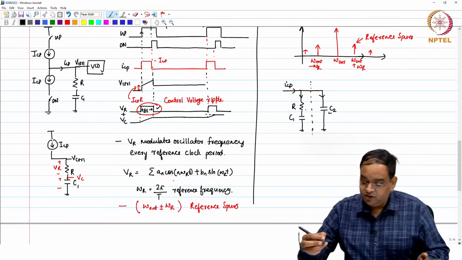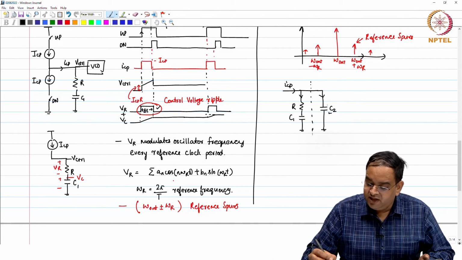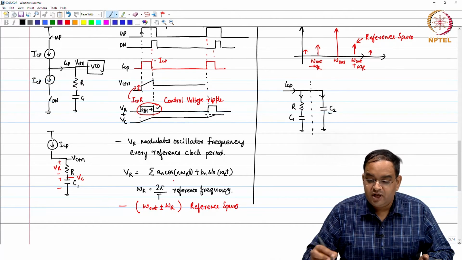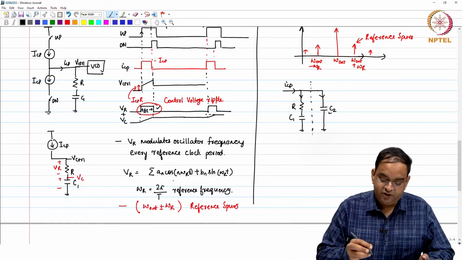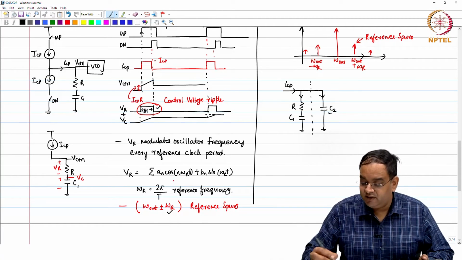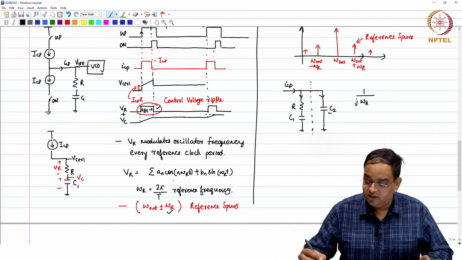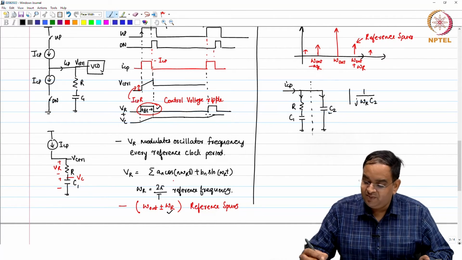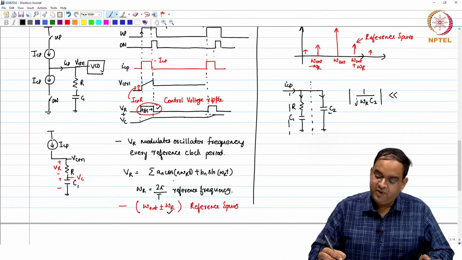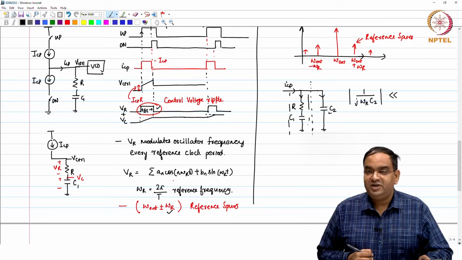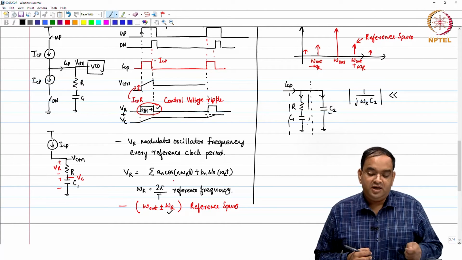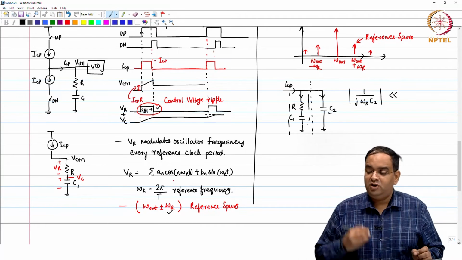If I make sure that the impedance provided by C2 at omega r, the reference frequency, which is 1 over j omega r times C2, is much smaller than the impedance provided by our R plus C1, then it will help in reducing the ripple on the control voltage.